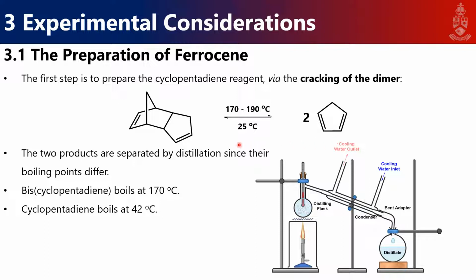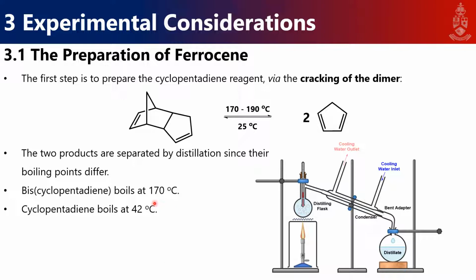To do this, we get cyclopentadiene in its dimer form, dicyclopentadiene, and we need to crack this before we have pure cyclopentadiene. To do this, we will use distillation, and luckily dicyclopentadiene boils at 170 degrees and cyclopentadiene boils at 42 degrees. So these two are easily separated using a distillation method.